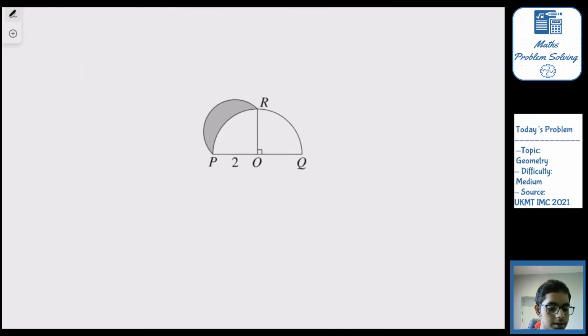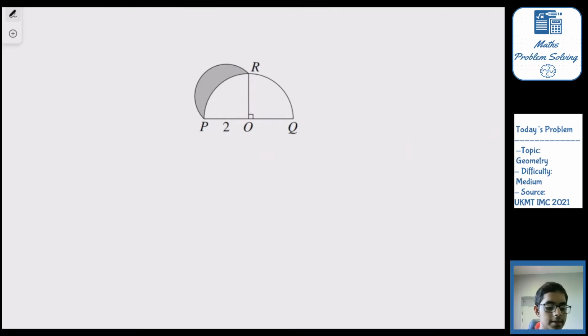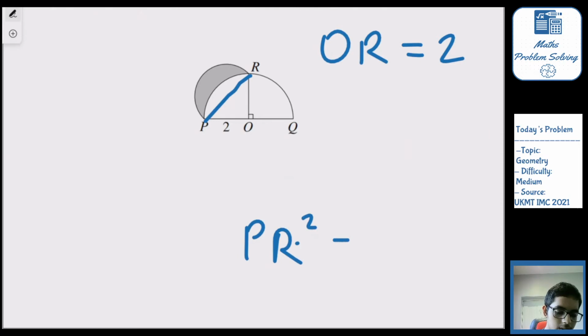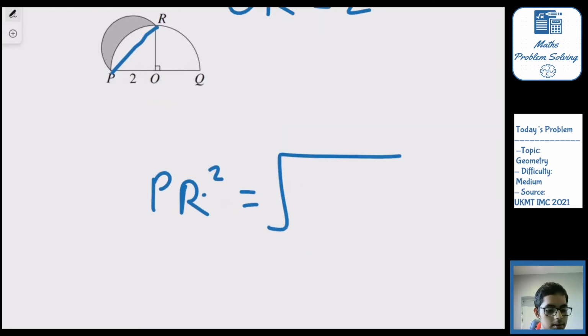So now if we just go down a bit here and work with this diagram. OR is a radius, therefore OR must equal 2. We can just write that over here, OR equals 2. And if we just draw a line from P to R, that must equal the square root of 2 squared plus 2 squared, because that is a right angle triangle.